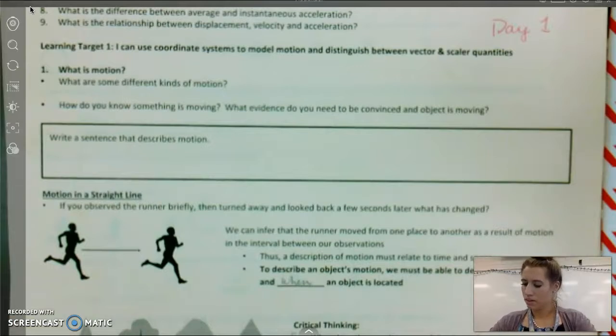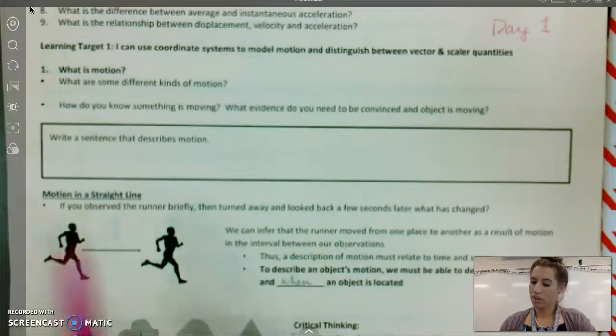So, we're talking about motion initially. It says, how do you know something is moving, and what evidence do you need to be convinced that the object is moving? And so I want you to take a moment, write down, how do you know something's moving? Now, usually, well, we have to have something to compare it to, right?